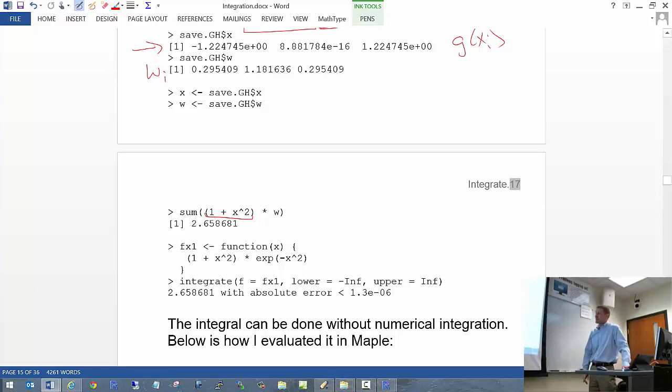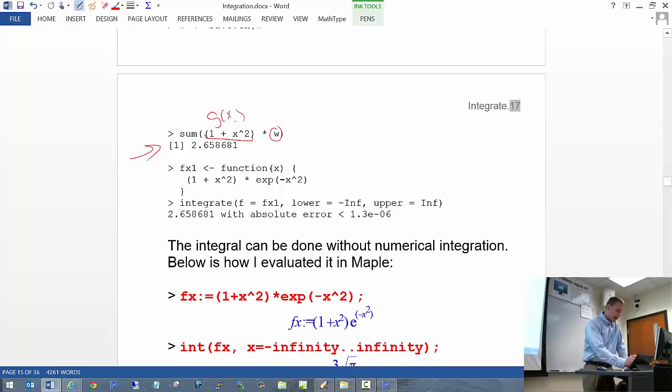If I just multiply my weights by my g of x evaluated at all those points, notice how I pull them out here, I get my approximate integral value. If I compare that to what integrate gives me, well, what do you know? It's the same.